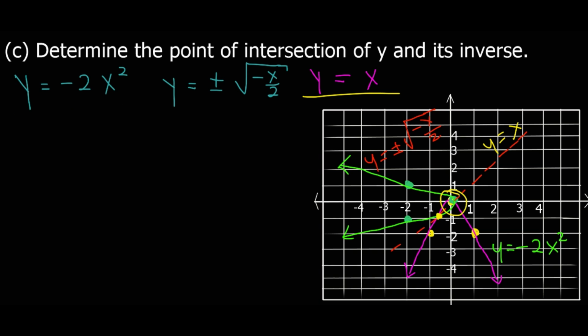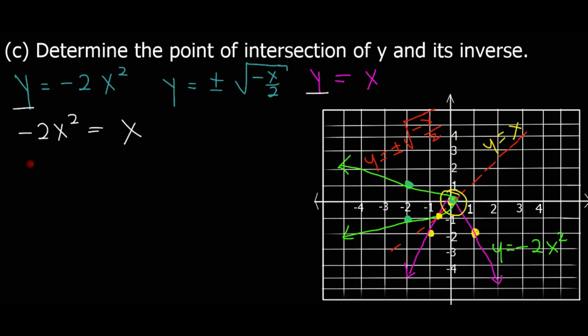So we do y equal to x, we have minus 2x squared equal to x, equating this y and this y. So from there you can solve for x.